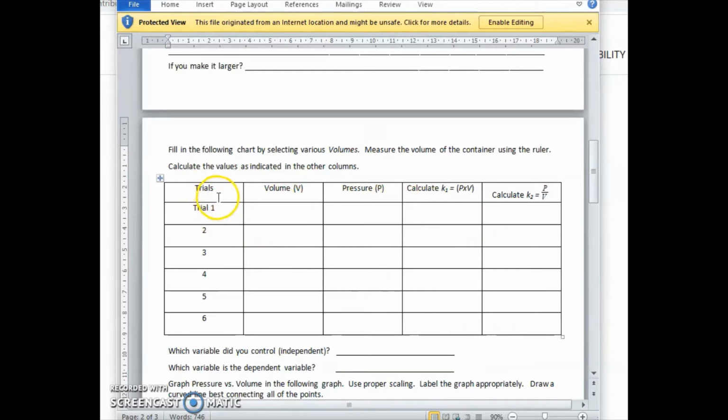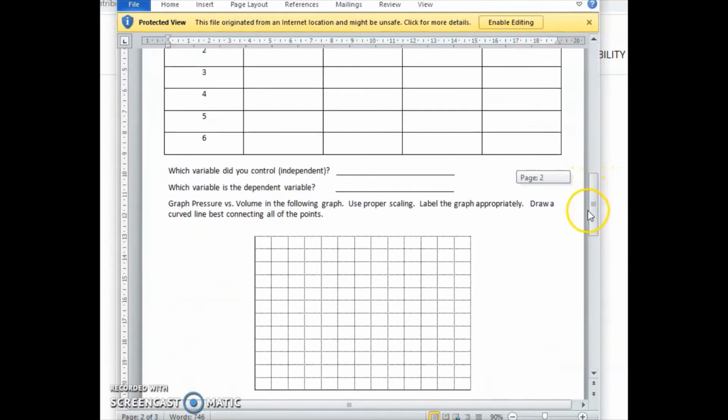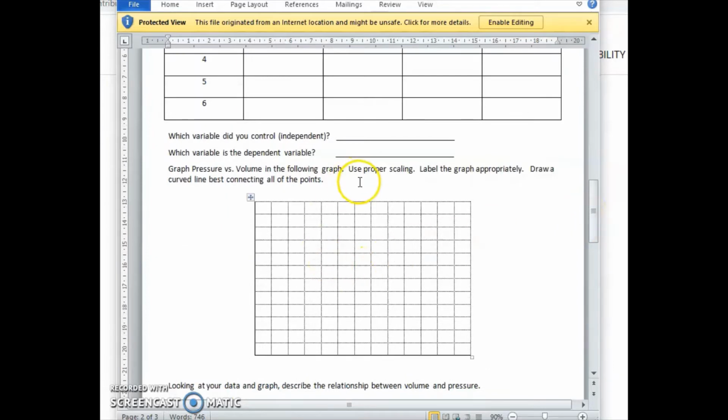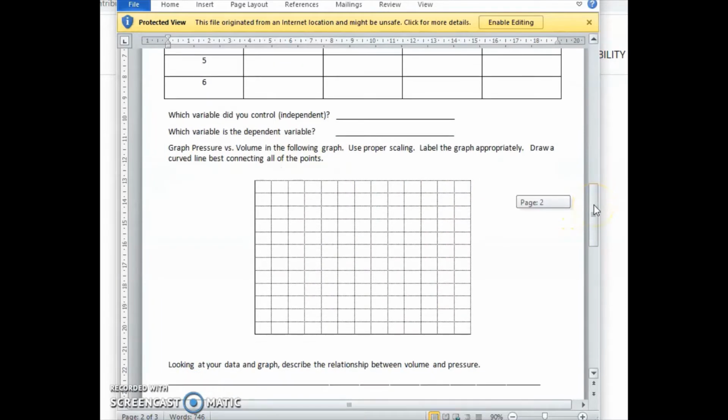Number of trials, volume, magnitude of volume and pressure, and then they calculate the magnitude of volume and pressure, and they will find the value of K, which is P over V. Now there are some questions they need to answer, and they also provide graph paper so that the students can plot the graph.